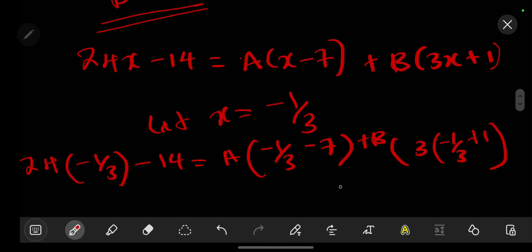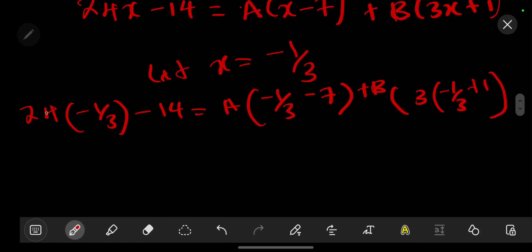Then what we are going to end up with is 24 times negative 1 over 3. Negative times positive is negative. 24 divided by 3 is going to give us a value that is equivalent to negative 8.